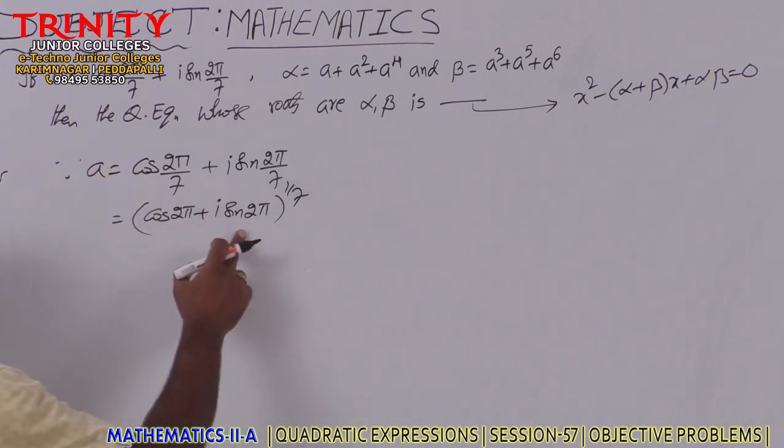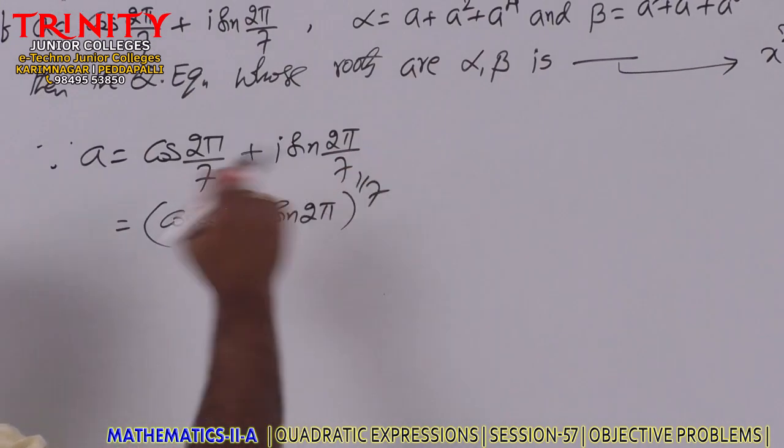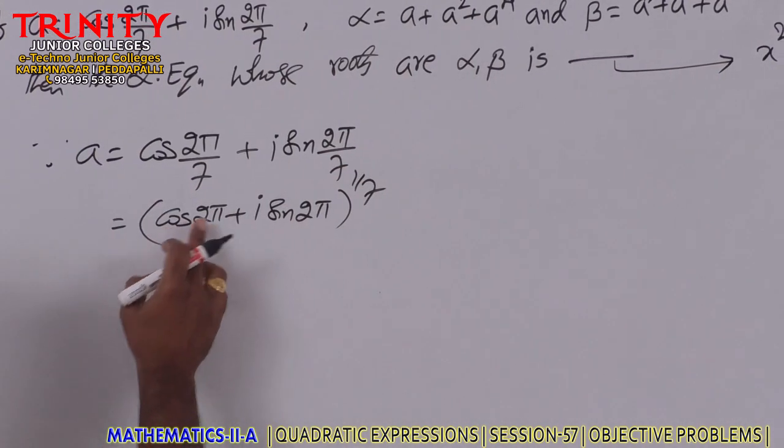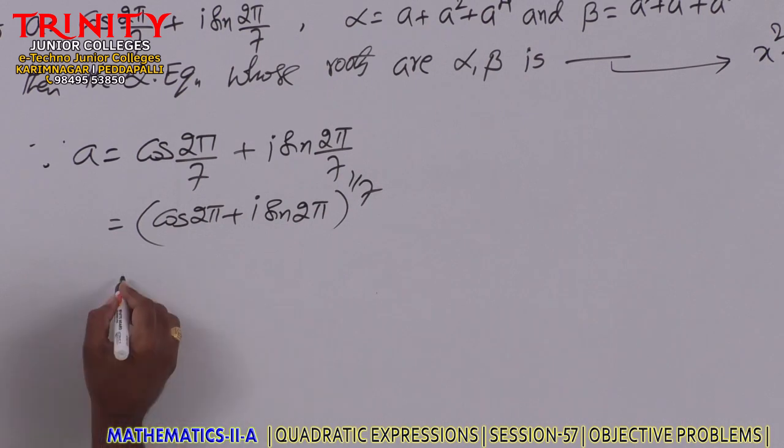With n as 1 by 7, we can write it as cos 2 pi by 7 plus i sin 2 pi by 7.